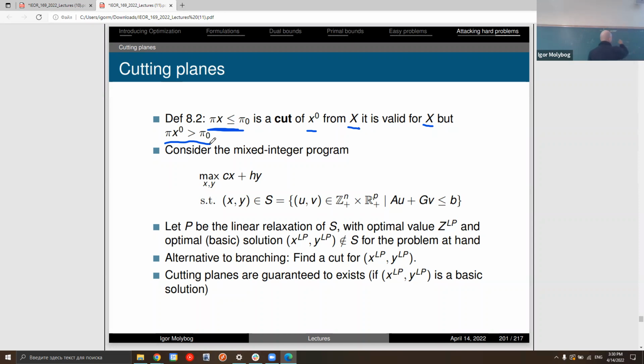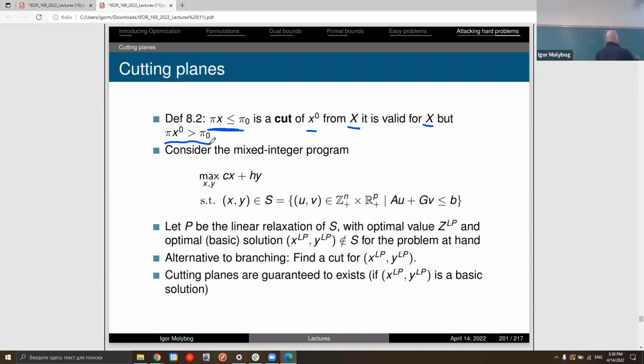For this set X, there is a point x0 and it's outside of set X, and for that you can just draw a line, a hyperplane that would split, so that all of the points in X would satisfy the corresponding inequality. Therefore, it would be a valid inequality for the set X. But the point x0 would be on the other side, and so it would be violated by x0.